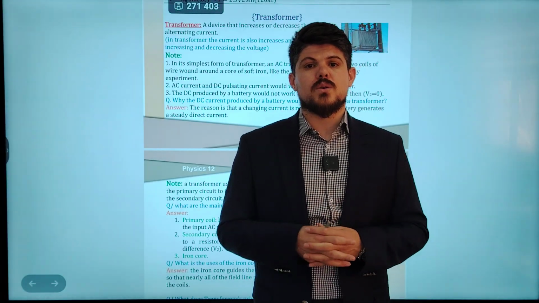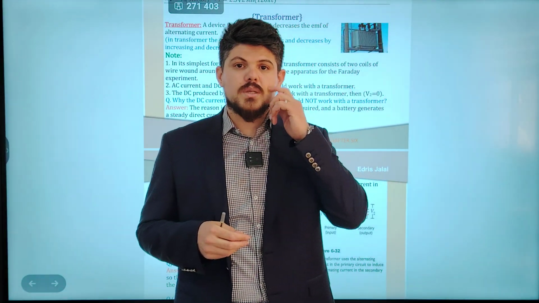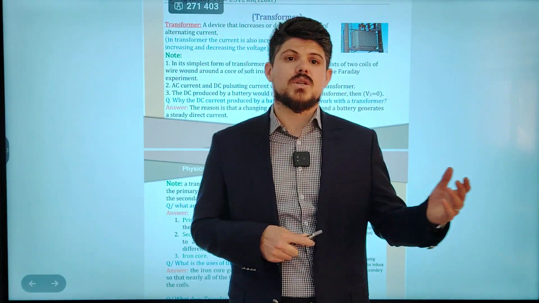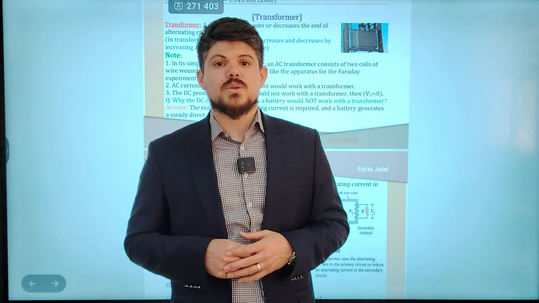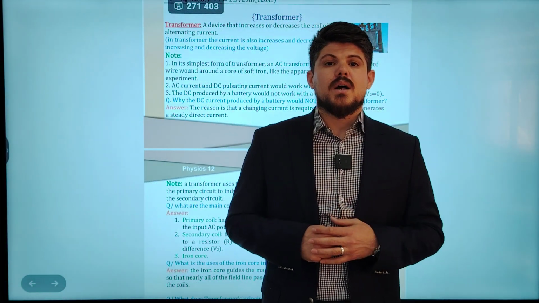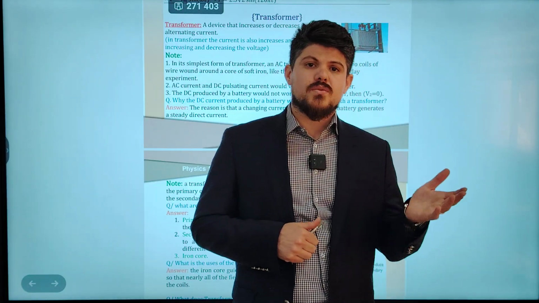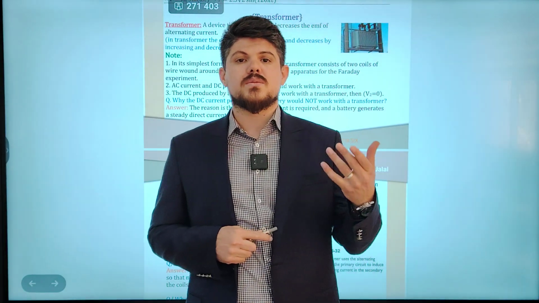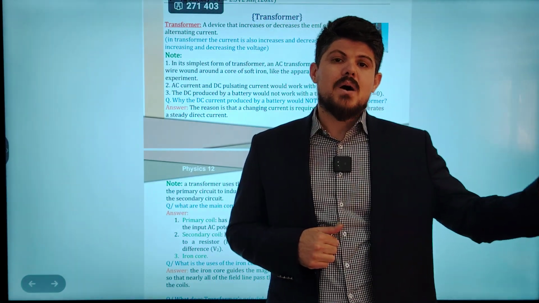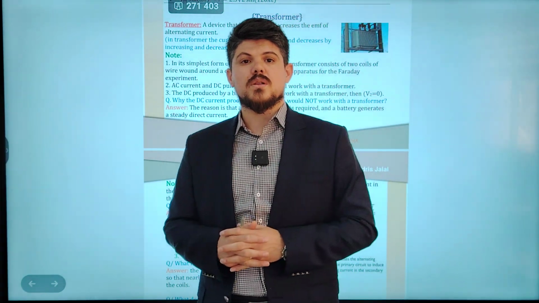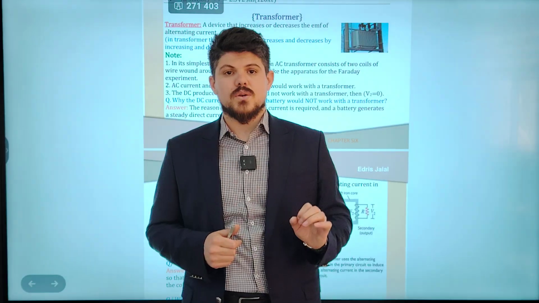For chargers also, the transformer is very, very important, because you know that our electrical devices such as a mobile phone and a laptop or computer require something like 5 volts or 10 volts. How can we get this 5 volts or 7 volts or 10 volts when the outlet potential difference is 240 volts? By using a step-down transformer.